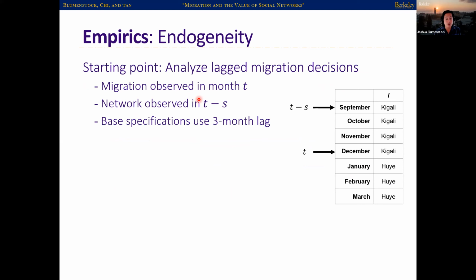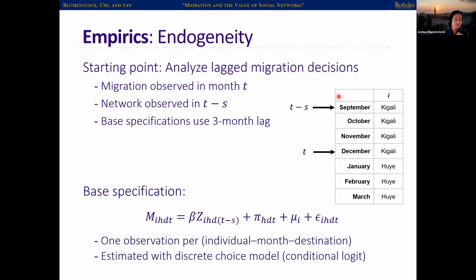We deal with this superficially by looking at lagged migration decisions. So we ask, to what extent do migration decisions in, say, December correlate with network structure in September? And then we can lag it by 12 months or 3 months, and you can imagine the sort of robustness checks that we can look at.